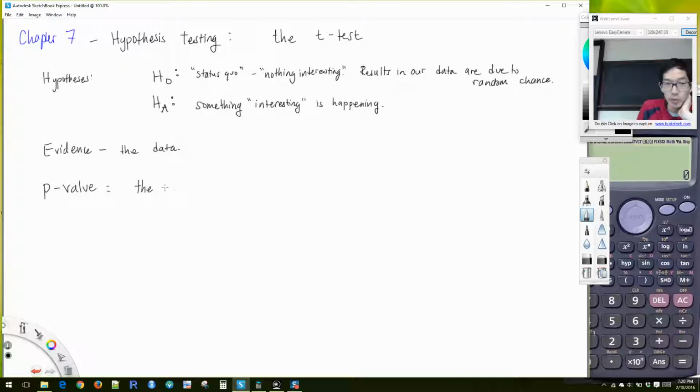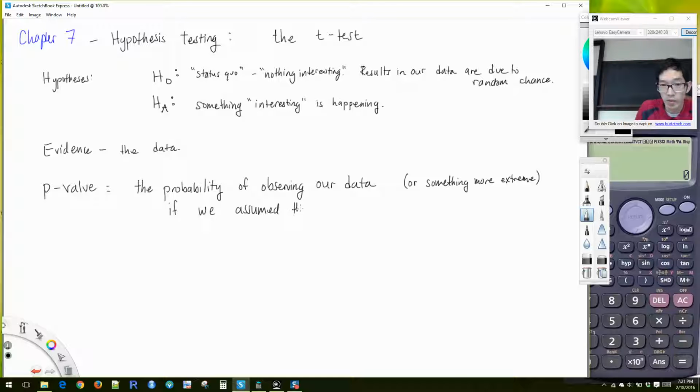It is the probability of observing our data, or I have to write something more extreme, if we assumed that the null hypothesis is true.